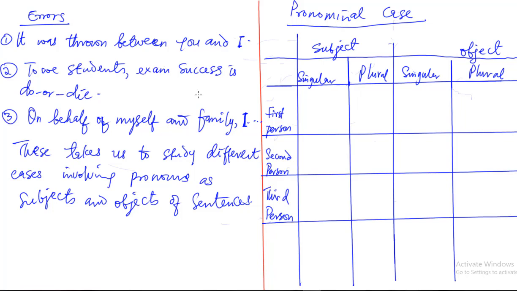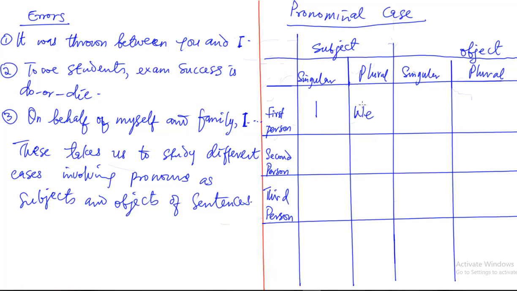Now the first person, I, is a singular. It talks about one person. Its plural is we. This is under subject. When I is used in a sentence, it is the subject of that sentence, singular. When you see we, it is the subject.